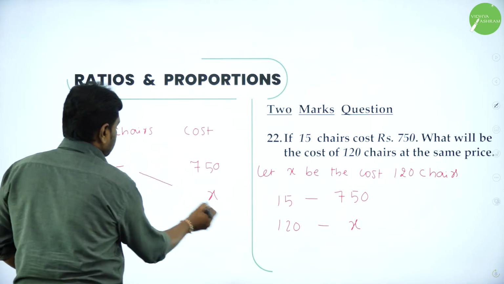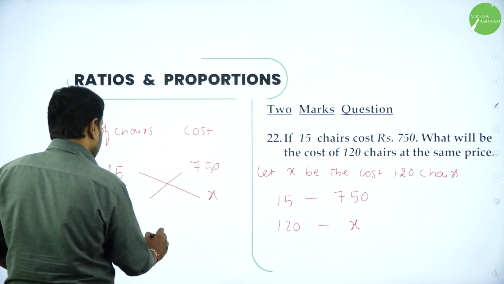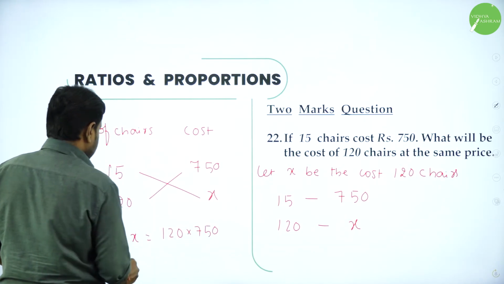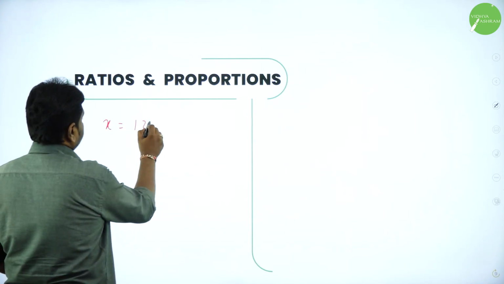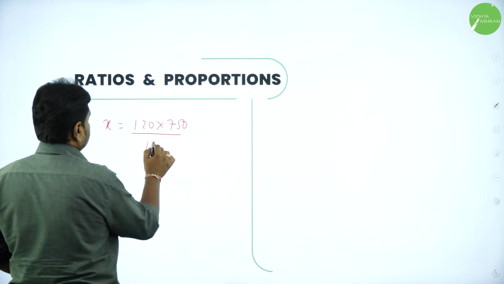Directly you can do cross multiplication. So 15 into X is equal to 120 into 750. So X is equal to 120 into 750 divided by 15.